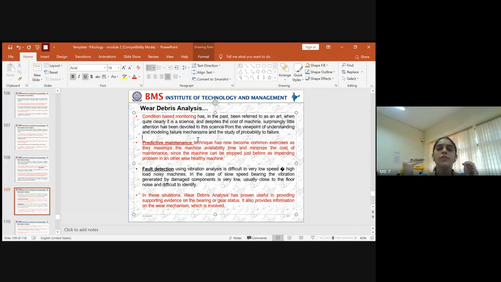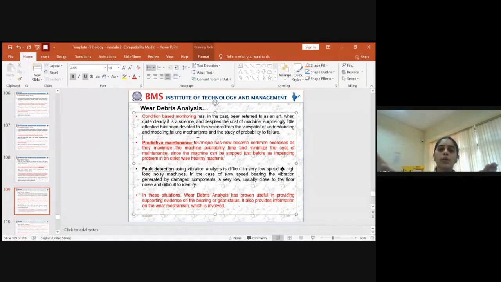So when you're using a mechanical component, and if any damage has been caused due to a particular wear, then if a proper condition-based monitoring has been done, you will be able to identify which type of failure mechanism model could be adapted.